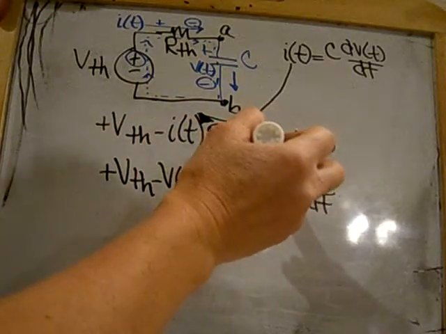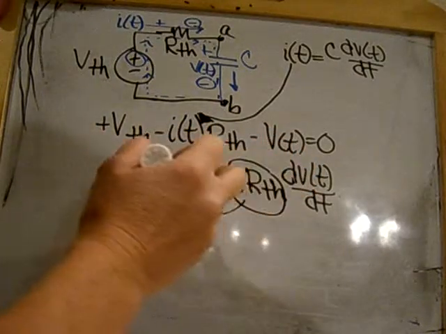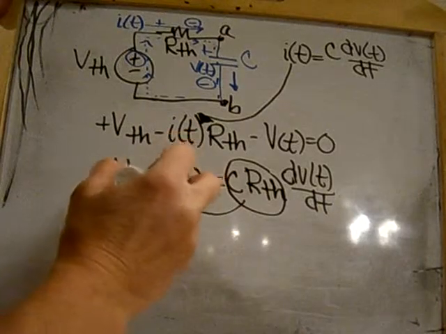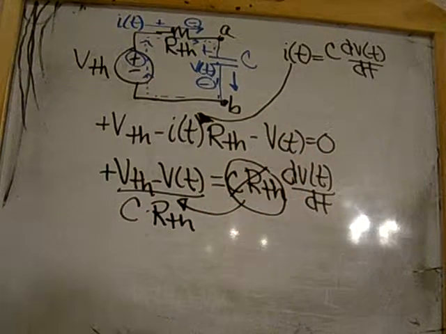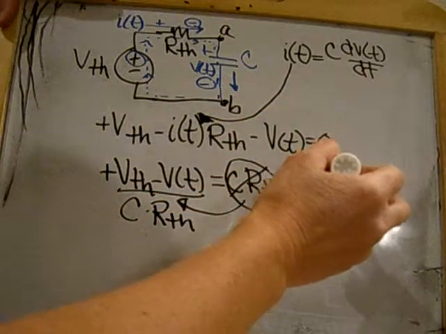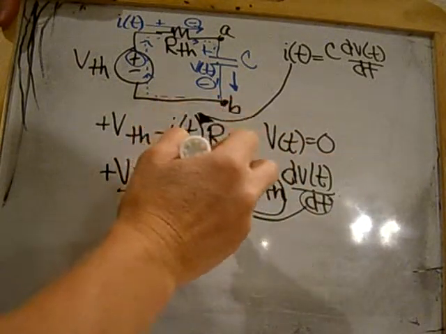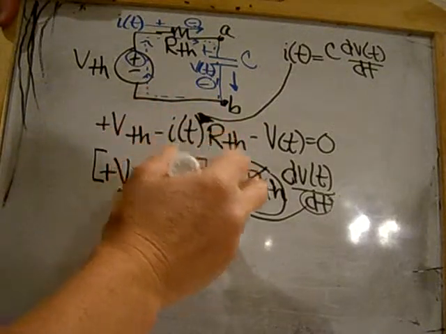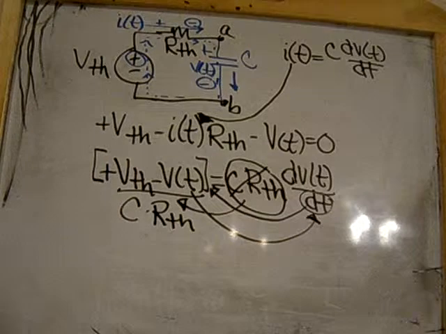And this can be divided here, so I get C RTH on the bottom. And now I can separate the variables here. I can divide the dt over to this side, and I can take the quantity with V of t in it and divide the dV of t with that.